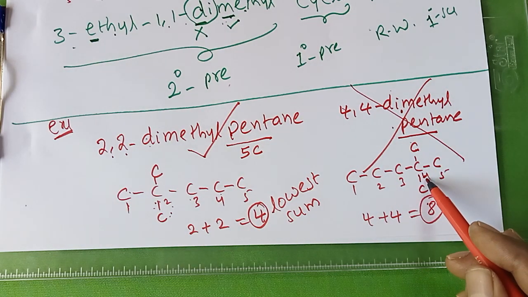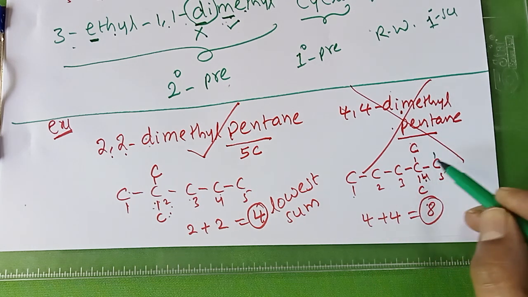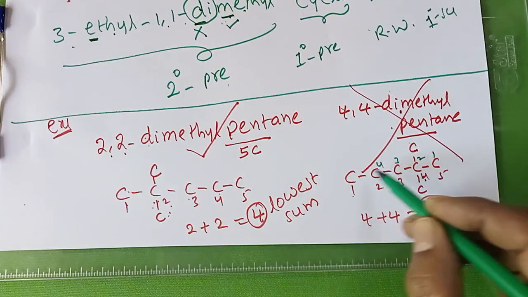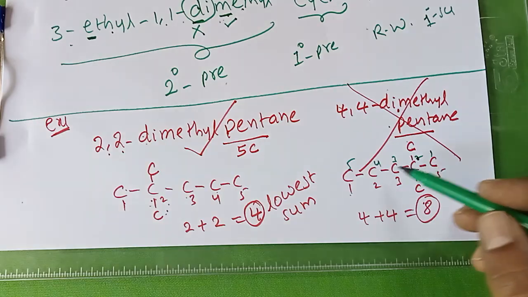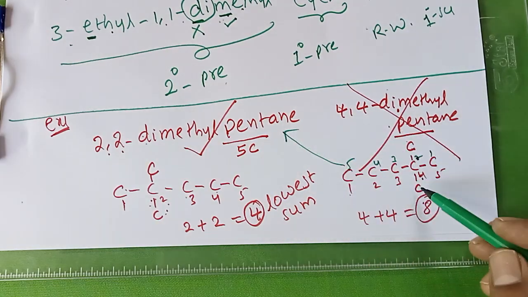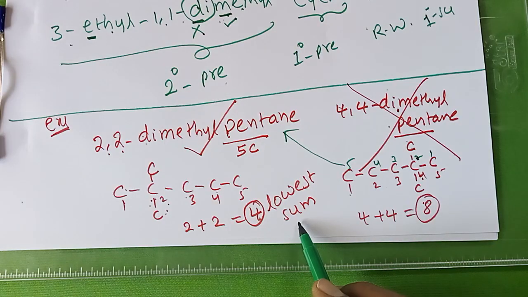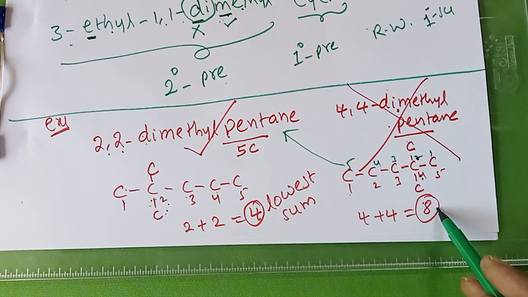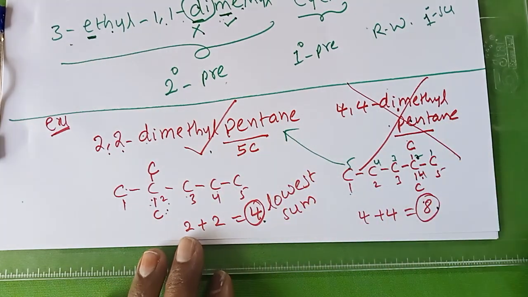Because here with 4,4 you take the wrong numbering; 2,2-dimethylpentane means this one only. According to the lowest sum rule, this is the 8 sum, this is the 4 sum. This is the correct one, this is the incorrect one.